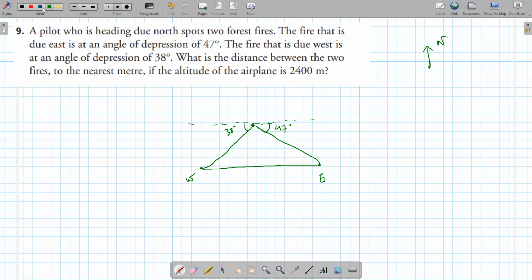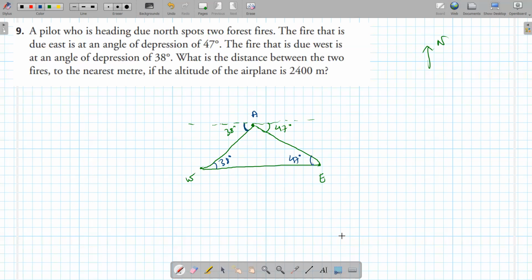Now the question is, if this is 38, which angle inside the triangle is also 38? W. W, correct. Using the Z rule, W must be 38. What about 47? That's E, right? So there you go, that's our triangle.